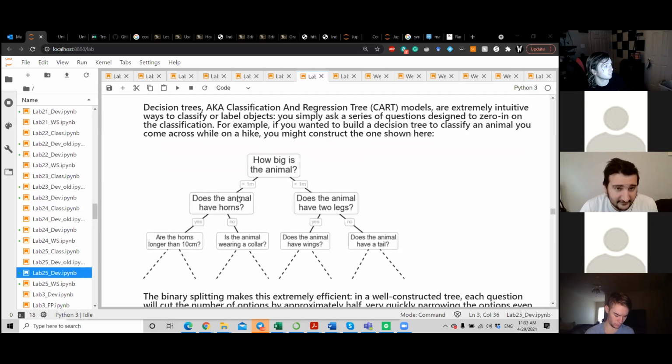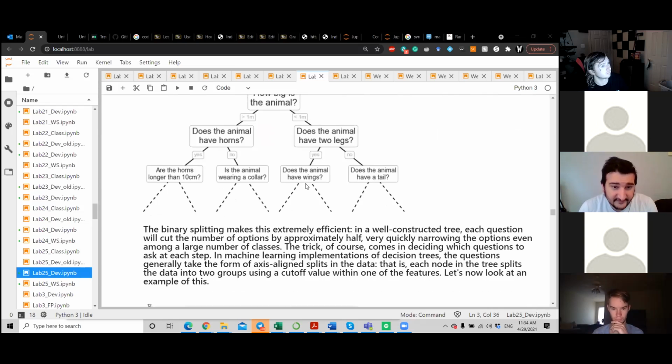If it is greater than 1 meter, we are going this way. Okay, if it was greater than 1 meter, does the animal have horns? If yes, we go this way. If no, we go this way. And then if yes, are the horns longer than 10 centimeters? Or if no, is the animal wearing a collar?